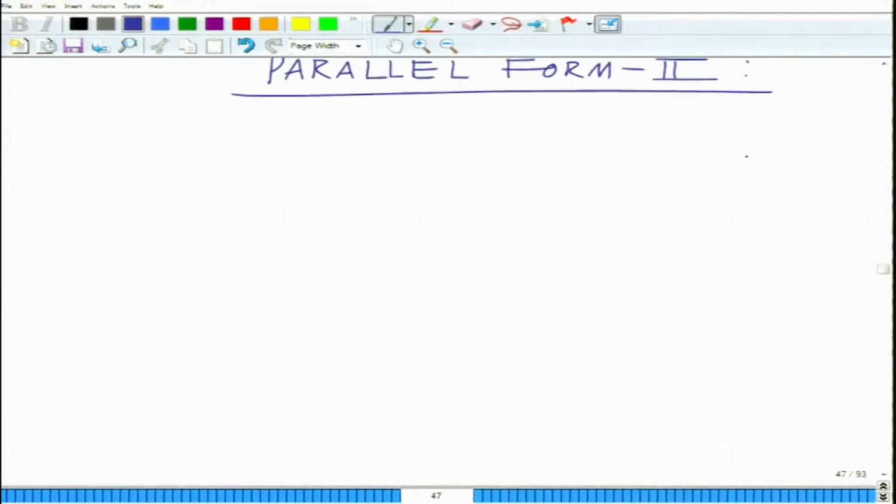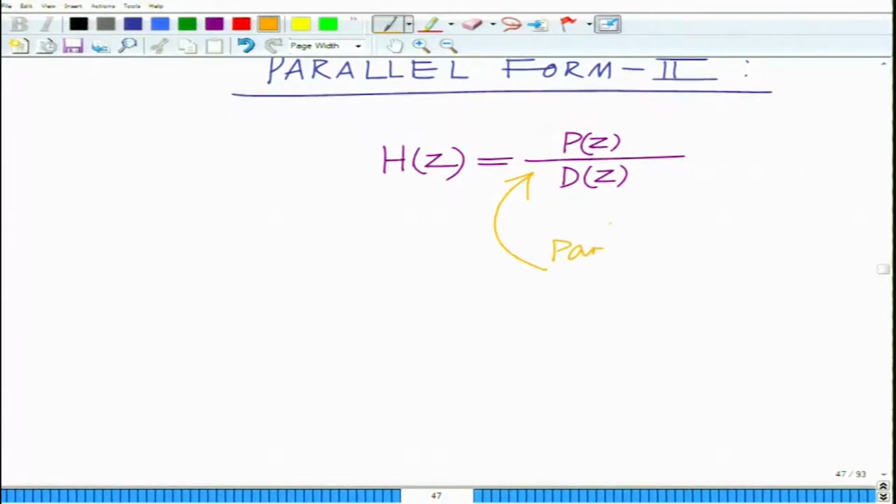And in parallel form 2 you have H(z) equals P(z) over D(z), and you perform partial fraction expansion in Z for parallel form 2.